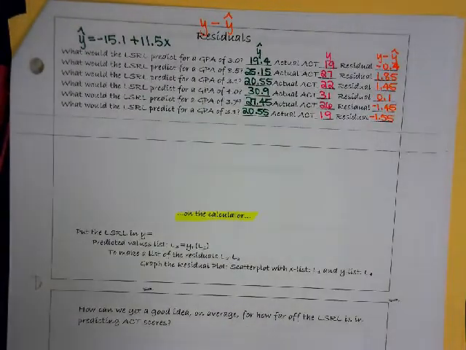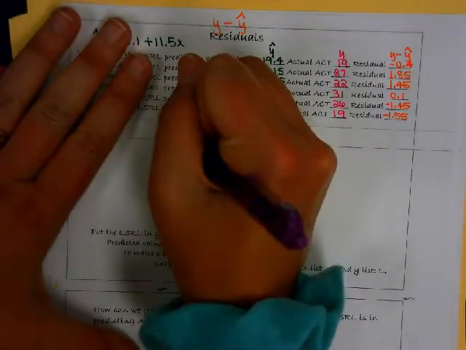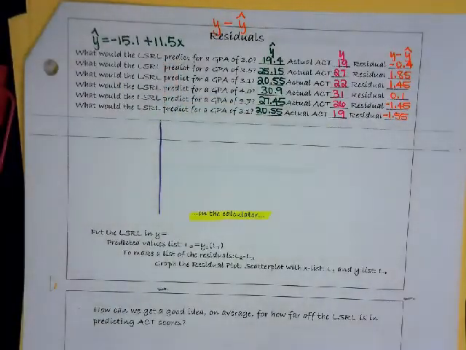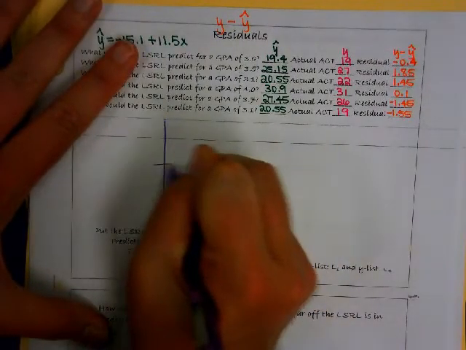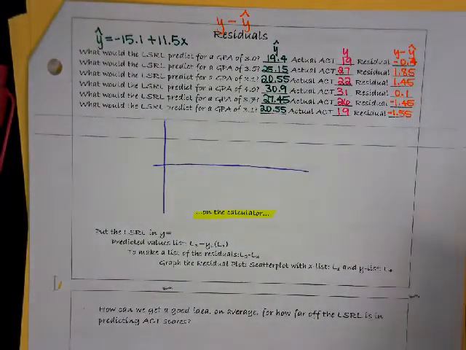So with the residual plot, you're going to make your y-axis, and then your x-axis is always going to go right through the center. It should always look like that. I apologize for the extra lines the copy machine loves to put on there. Now, the residuals are going to be on the y-axis.